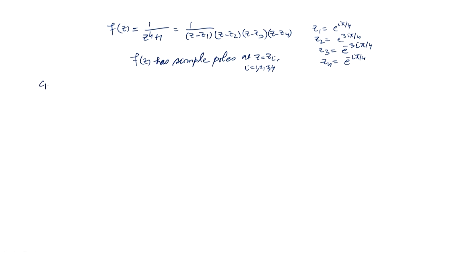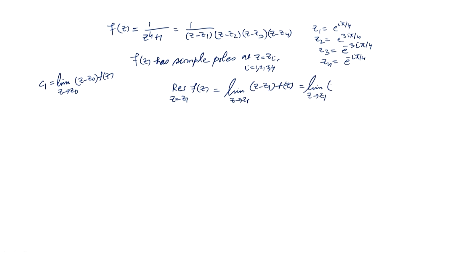The first formula was c1 equal to the limit z tends to z0 of (z - z0) into f(z), to determine the residue in the case of a simple pole at z = z0. Applying this formula at z = z1, the residue at z = z1 of f(z) will be the limit z tends to z1 of (z - z1) into 1 upon (z - z1)(z - z2)(z - z3)(z - z4).